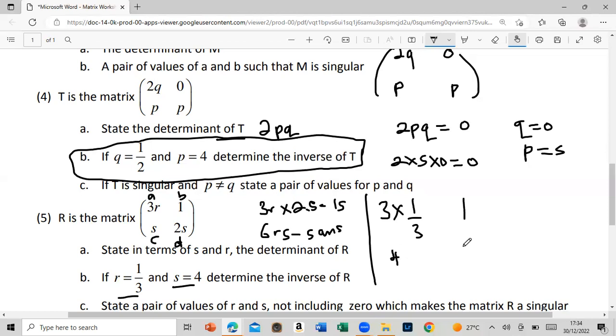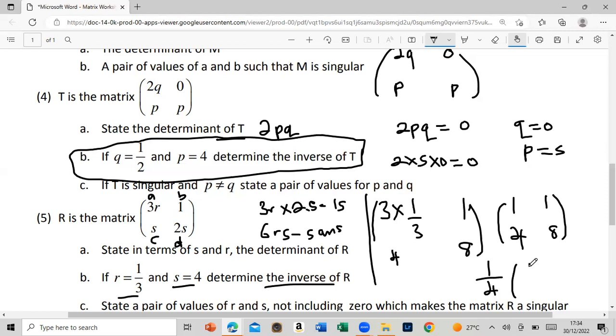And then 2 times 4, which is 8. So in the end we get 1 here, 4 and 8. The inverse would be 1 over 8, so 1 times 8 is 1 over 8, and then 1 times 4, that's a quarter again.